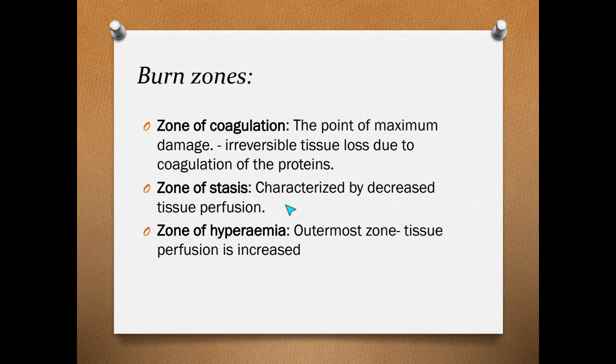Usually there is stasis, less perfusion of the tissues in that area. And then you have the outermost zone, the zone of hyperemia. This is characterized by increased perfusion due to vasodilatation, which is a direct effect of the inflammatory response.